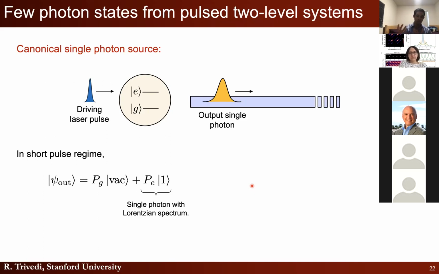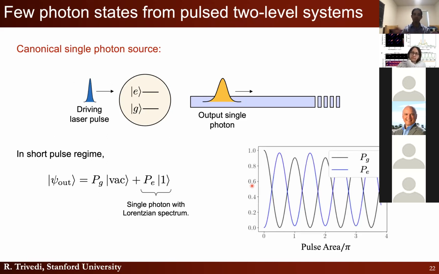And you can control the coefficients of the superposition by controlling the amplitude of the laser pulse. So if you keep your laser pulse short, but keep on increasing the amplitude, then the probability of emitting a single photon oscillates from 0 to 1, and you can then choose where you want it to be depending on the state that you want to prepare.